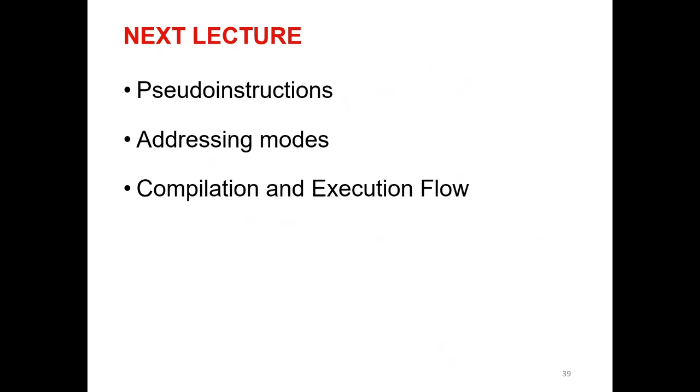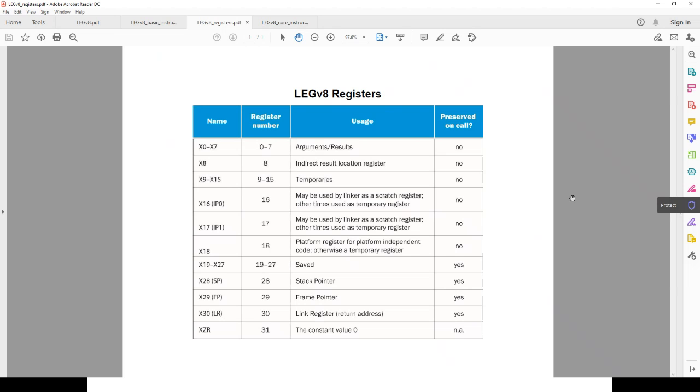So someone is asking, is it dangerous if you don't preserve a register that must be preserved? Of course, the program will not function as expected, and that will be a bug, and that will be a problem of the programming. Someone is asking, why would we put saved registers in a stack if they are already preserved on call? When I say here that something must be preserved on call, it doesn't mean that it is automatically preserved. It means that the programmer is responsible for preserving this on a call.